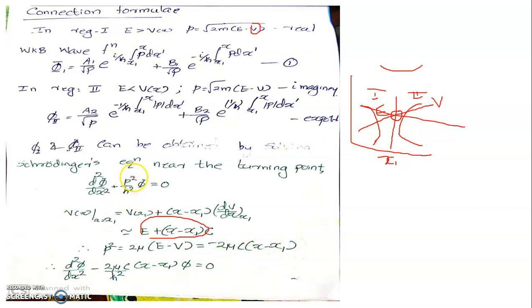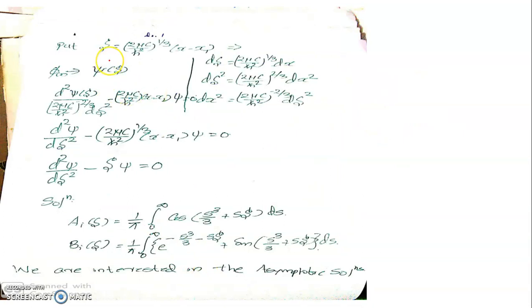You substitute this value of p square in the Schrödinger equation, and it gets modified as d square phi by dx square minus 2 mu c by h cross square into (x minus x1) phi equals 0. Now we substitute (2 mu c by h cross square) raised to 1 by 3 into (x minus x1) equals zeta, so that the variable shifts from x to zeta.